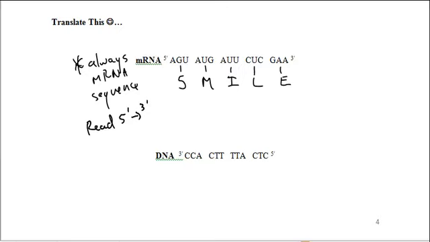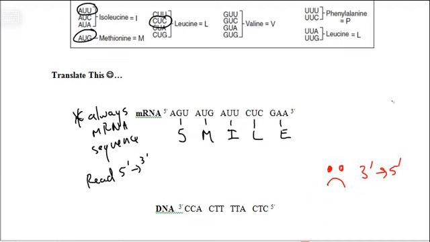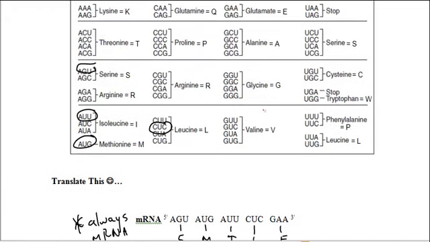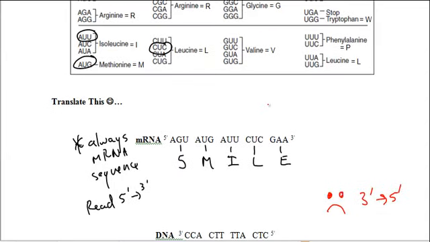Because if you accidentally did this backwards, and we'll do it in red, red's wrong. If we went 3' to 5', well, instead of this being GAA, it's now AAG. We look that up. That's a K, lysine.